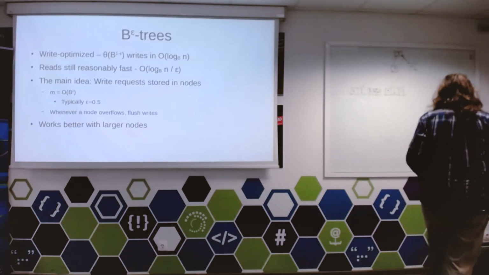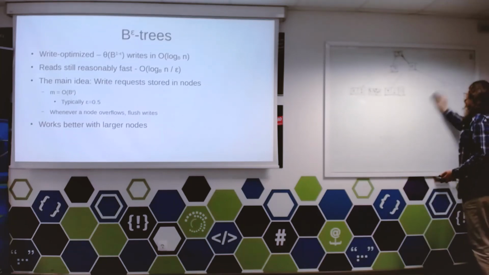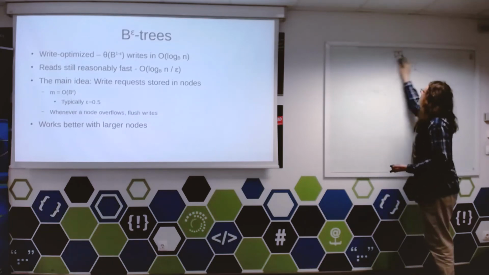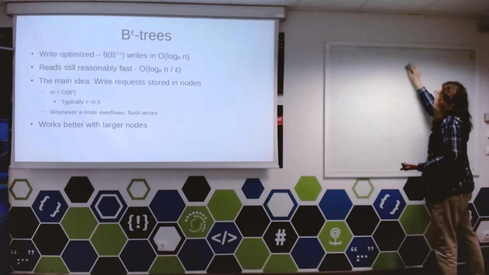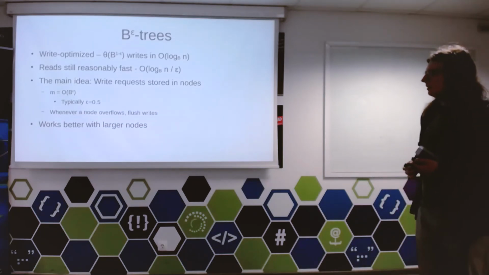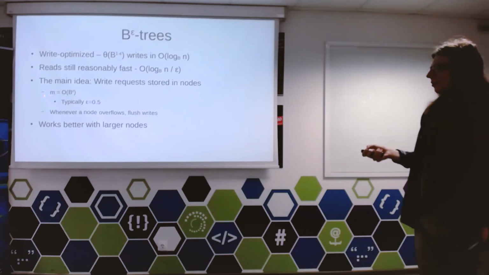The idea here is that instead of storing many keys and values in the node, we store slightly fewer. So instead of having m be on the order of B, it's on the order of B to the power of epsilon, some epsilon that's less than 1. 0.5 is a good idea.